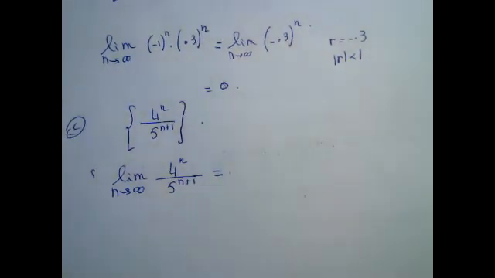Do not try to use L'Hopital's rule because it will put you in a loop. So how can I use the ideas we've developed to find the limit of that? Anybody?